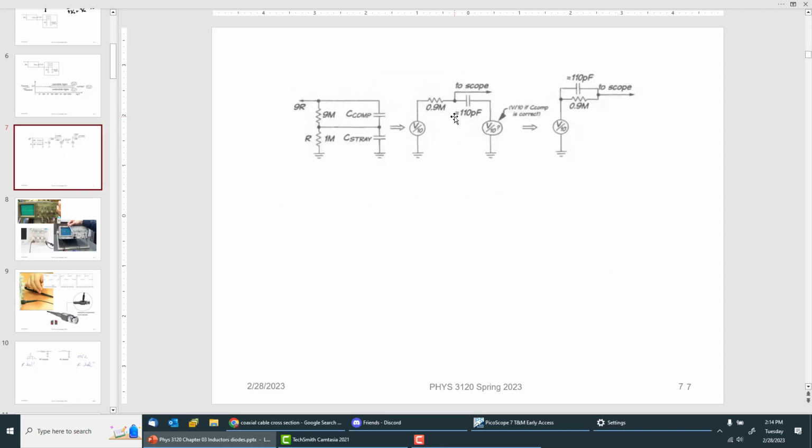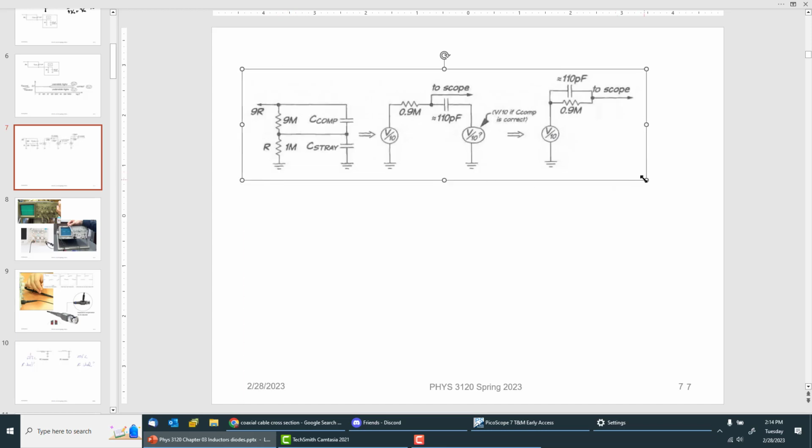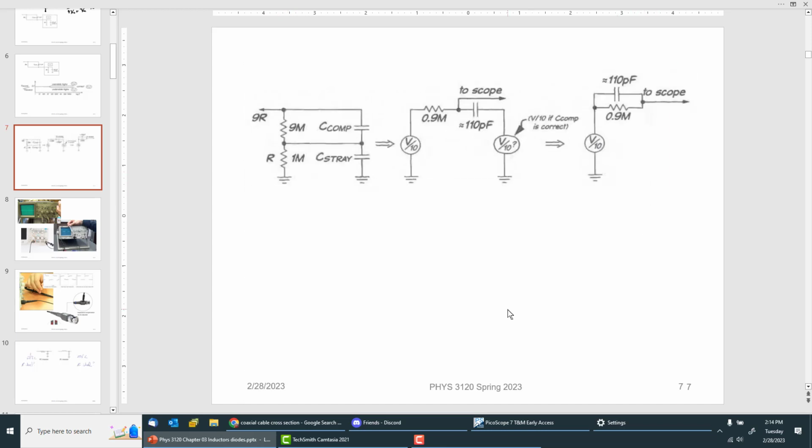Oh, and this is very similar to one of the homework problems. So notice that since we're assuming that the compensation capacitor is unknown, we don't know V out over V in for both of them, or well, we know for the resistors for sure it's V over 10.